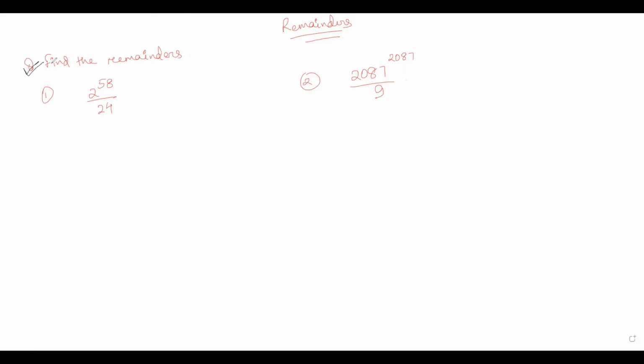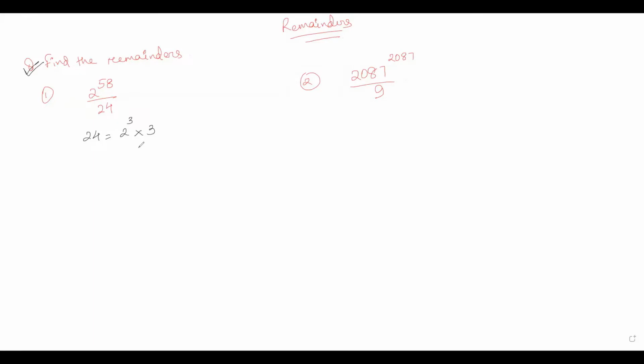Now let us find the remainders of these two divisions. The first is 2 raised to power 58 divided by 24. We know 24 is 2 raised to power 3, that is 8, times 3. So in the numerator, we have 2 raised to power 58, and in the denominator, we have 2 cube into 3.